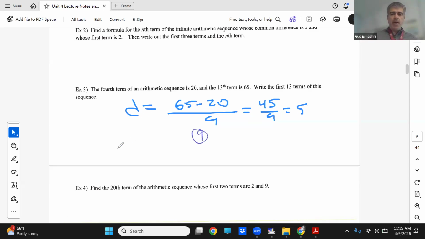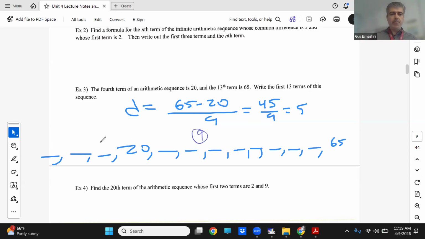Now if I want to write out the terms, third, second, first: 15, 10, and 5, and this better work or I'm going to be mad at myself. 35, 40, 45, 50, 55, 60, 65. Cool.